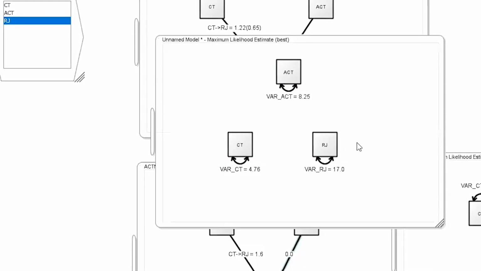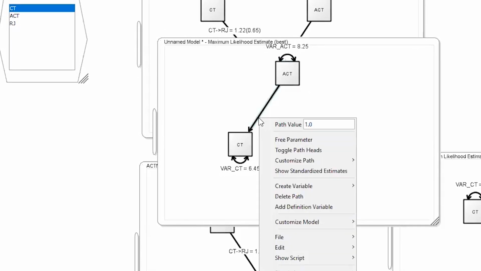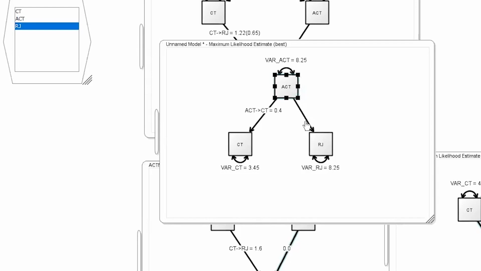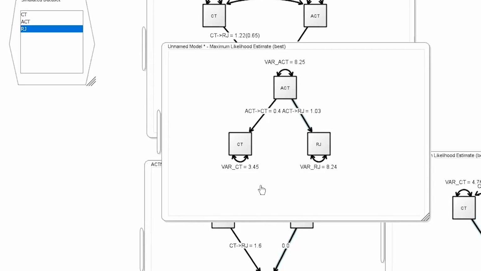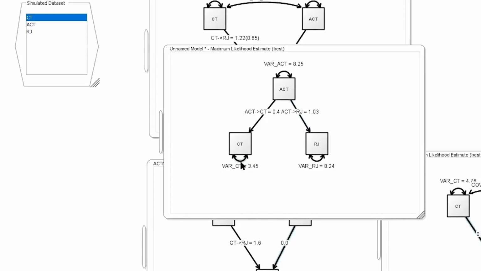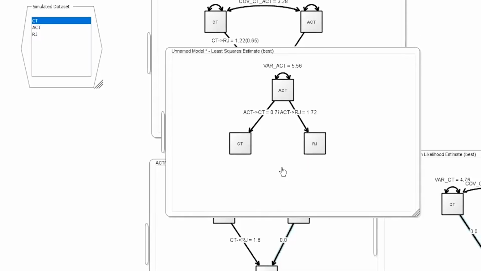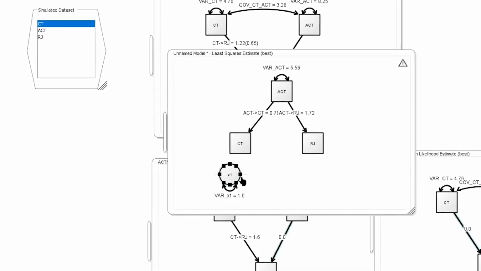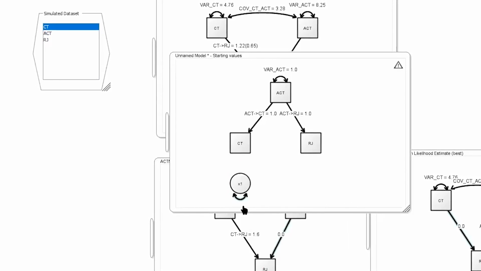To do that, I'm going to have to make ACT a predictor of critical thinking and ACT a predictor of reflective judgment. And now I need to make error variances that have a variance of 1. To do that, I'm going to delete these slings and add a latent variable, and I want to fix that value to 1.